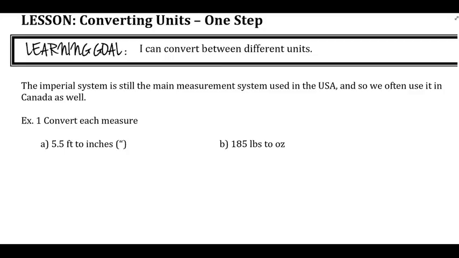When you look at your conversions chart at the top, it's got all the metric system for length, mass, and volume. You can see that everything is ones and zeros, okay? And that makes the math really easy to do.